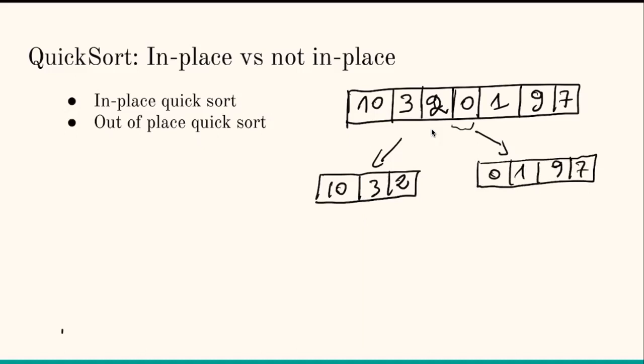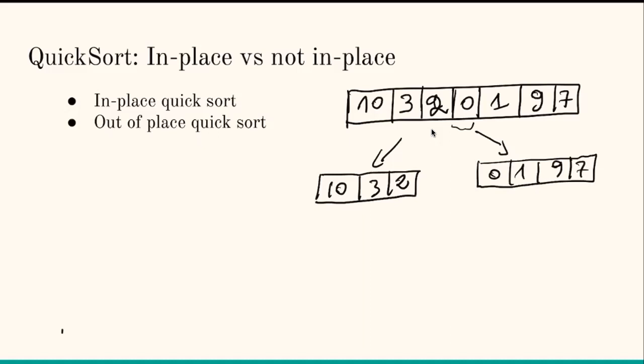These are two independent subarrays. We will sort these subarrays independently, using extra memory. So we need to create this array during the sorting. Because we do so, that's why it is out of place sorting.